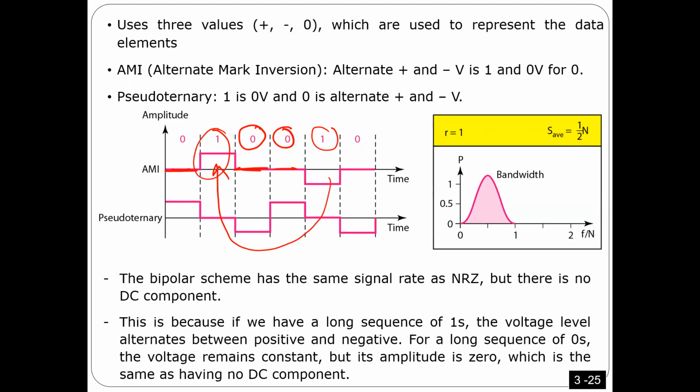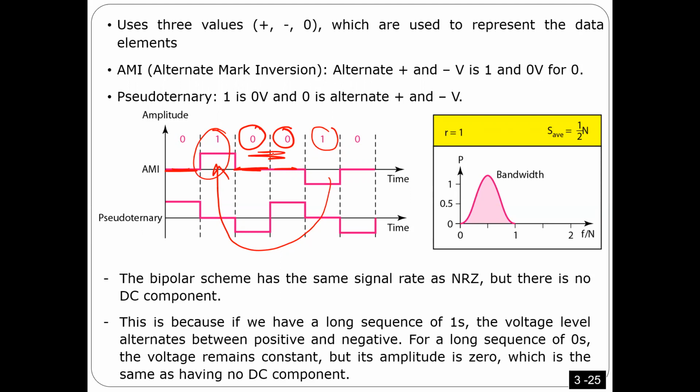Our problem is with a sequence of zeros, because a sequence of zeros is going to create 0, 0, 0, 0. We don't have a problem with this component here, but we have a problem with synchronization. You understand what I'm saying?